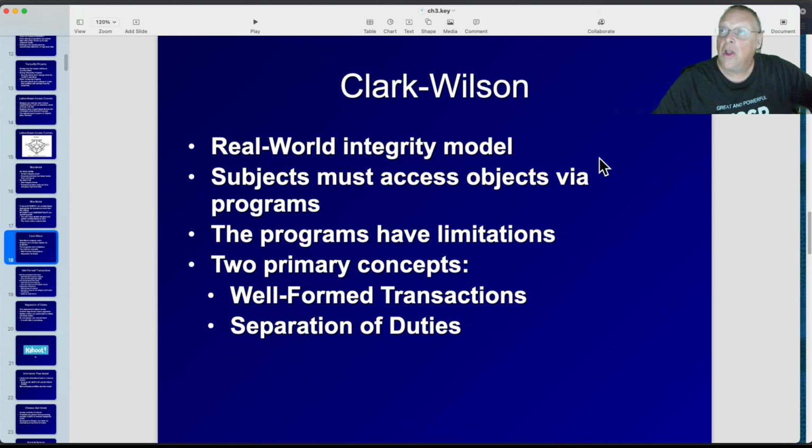Then you get to Clark-Wilson, which is pretty much what everybody's really using now. This is what you get on a Windows domain controller. Subjects can access objects, and they have limitations, and you have transactions and separation of duties. These are primary concepts of this model.